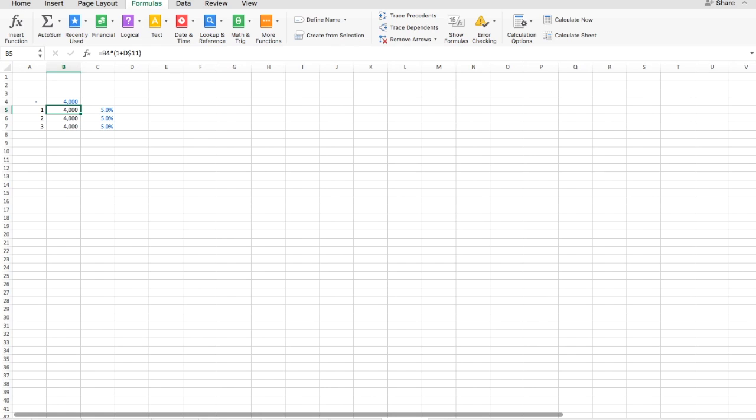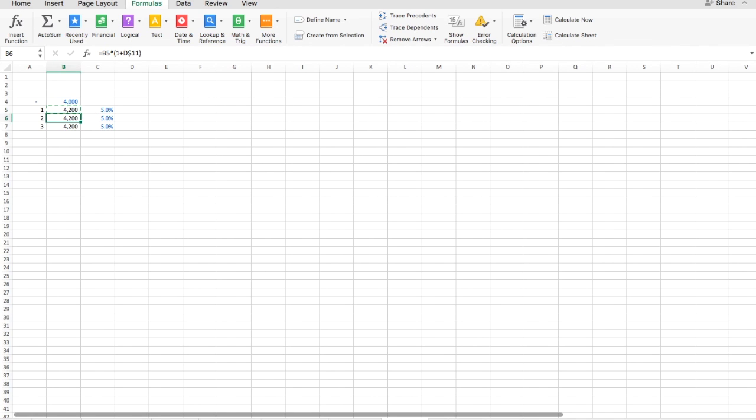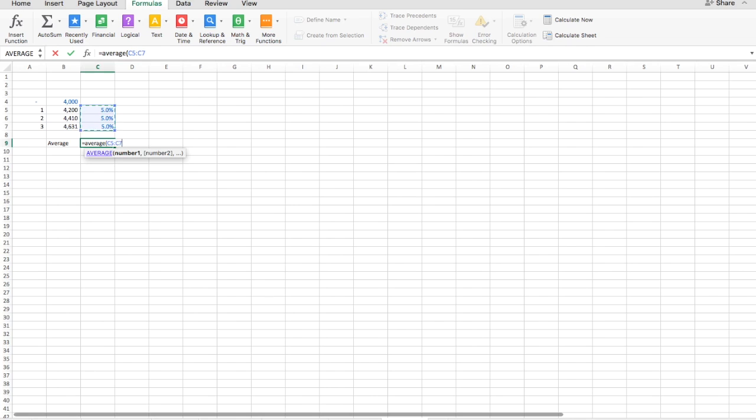So what I want to see is if you start with this 1 plus the growth rate, and you copy this down, you see what we would end up with. So let's say, what's the average growth rate? Well, this is simply the average of the years, which is going to be 5%.